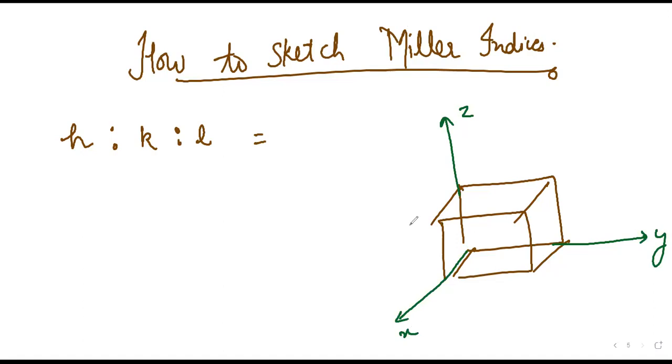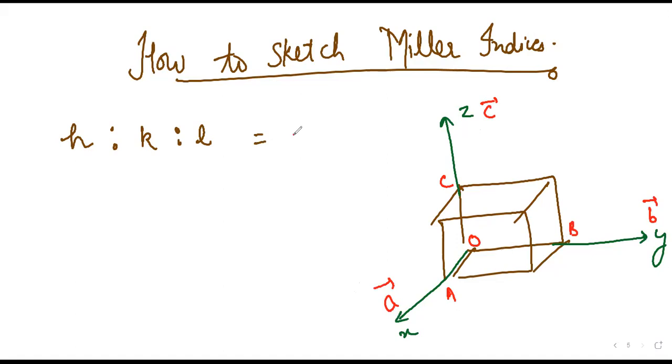And along the x-axis you have a coordinate, with your center as origin. You will have A vector. Suppose it will be OA, this will be OB, and this will be OC. So here you will have C vector, and here you have B vector. It is your cubic crystal part.